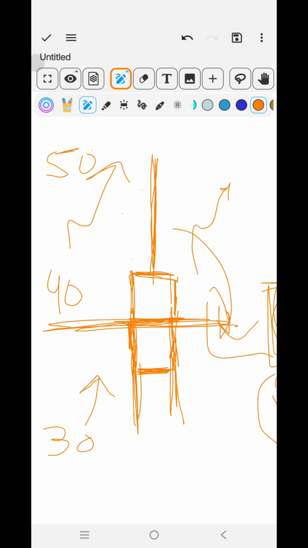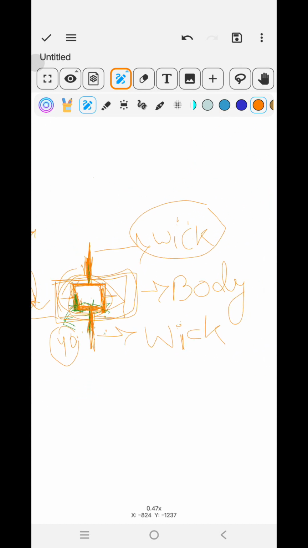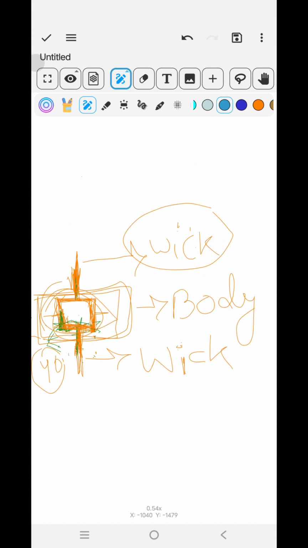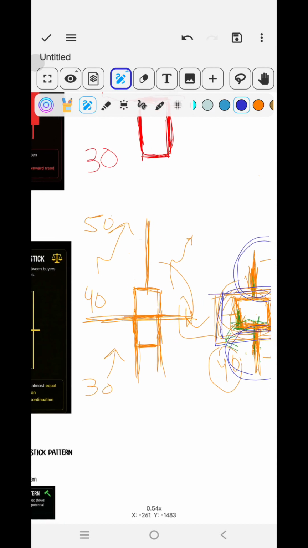So in a doji the wicks are big and the body is small. This is known as a wick, or you can say shadow. This is also a wick, and this is the body.